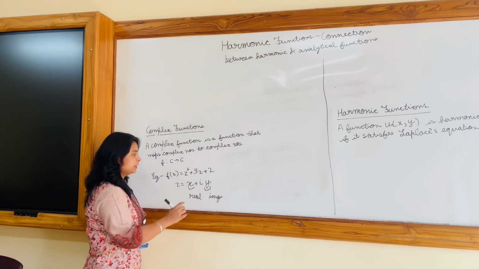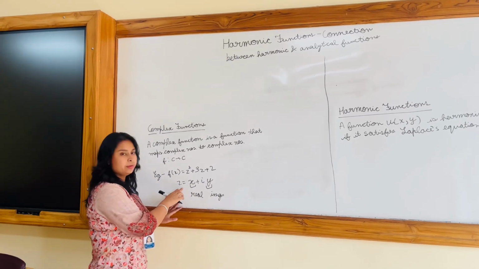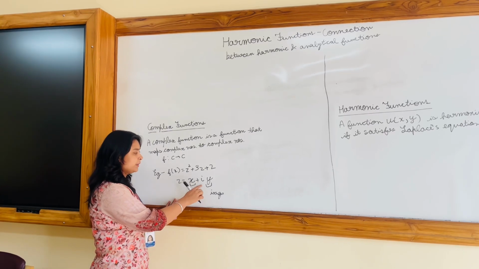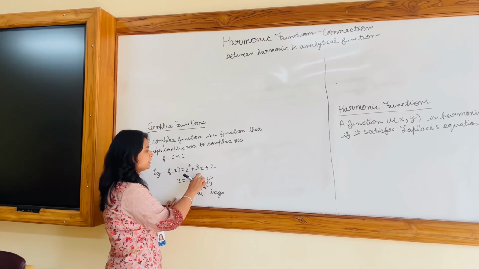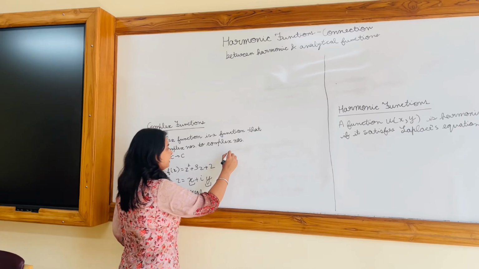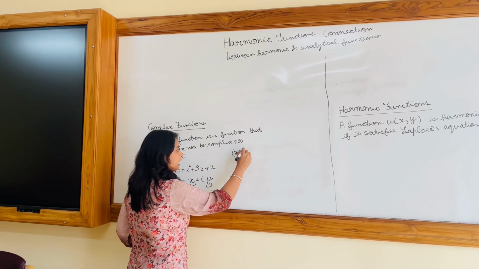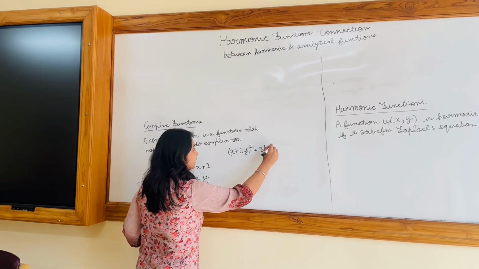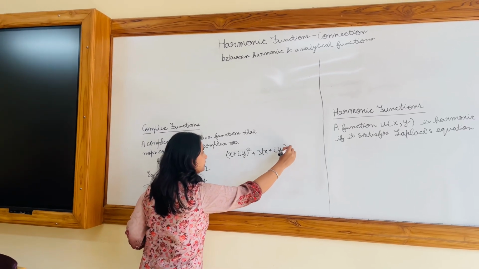So let's solve this. We'll put the z value as x plus iy in place of z square plus 3z plus 2. So it will be (x plus iy) square plus 3(x plus iy) plus 2.